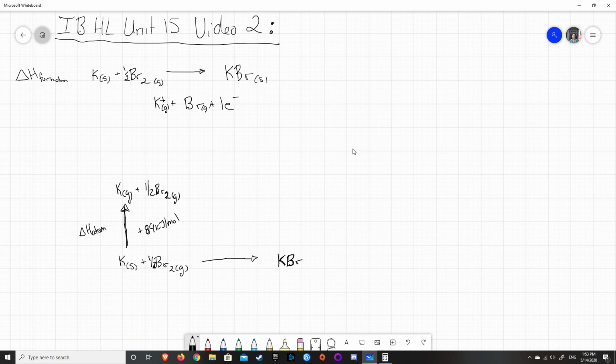So let's do the second step: delta H of atomization of Br2. That value is going to be 97 kilojoules per mole. And what we're going to end up with is K as a gas plus Br as a gas.